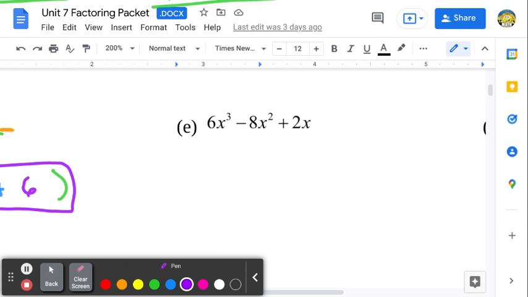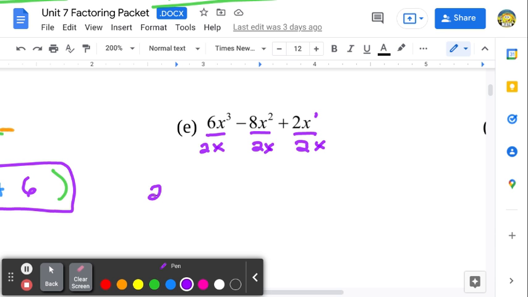Okay, the last one we're going to do together before I cut you loose and have you finish the rest of this page is letter E. So we have our 3 terms. Pause this for a sec and try to figure out what the GCF is on your own. So here, the biggest number we can take out of each term is a 2, and the smallest exponent that's in each term is an x to the 1.